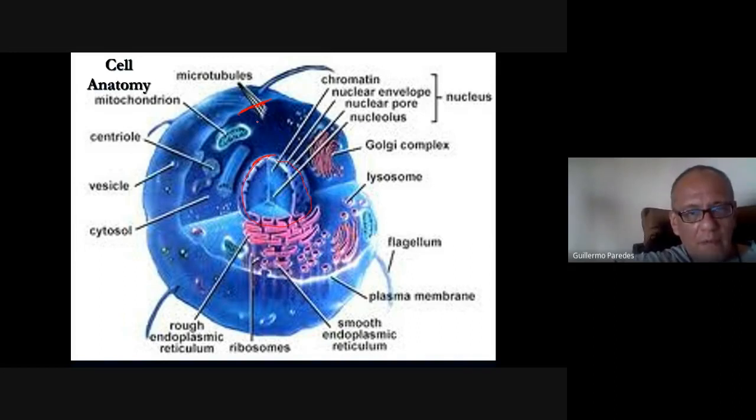Cytoplasm is everything that is marked here, everything but the nucleus. So everything between the nucleus and the cell membrane is cytoplasm, and the cytoplasm contains mostly all the organelles.